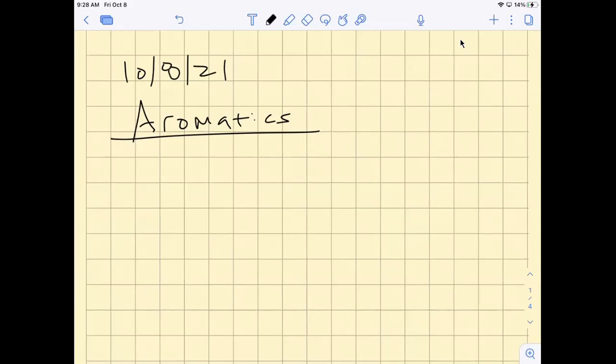But anyway, so when we talk about aromatic compounds, we're talking about a specific class of compounds, and there are some specific criteria that aromatic compounds have to meet. All right, so let's talk about the criteria. So I'm going to start with the perfect aromatic compound, which is benzene. All right, so benzene is considered an aromatic.